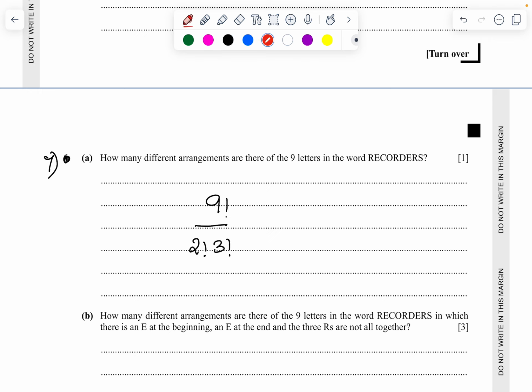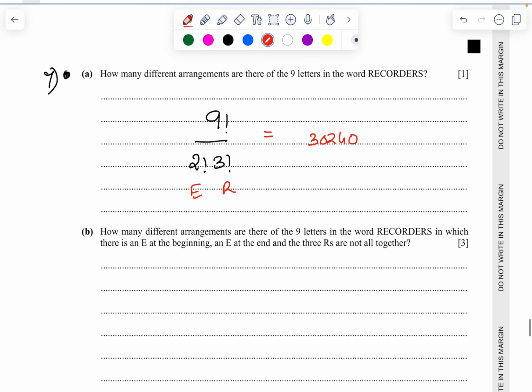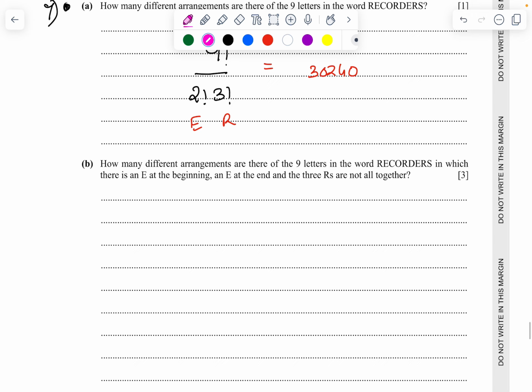Why is this 2 factorial? Which letter occurs 2 times in recorders? 2 E's, and 3 times is for the 3 R's. So the answer is 30,240.